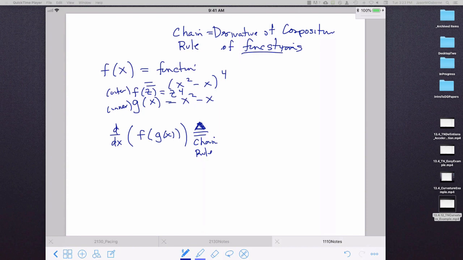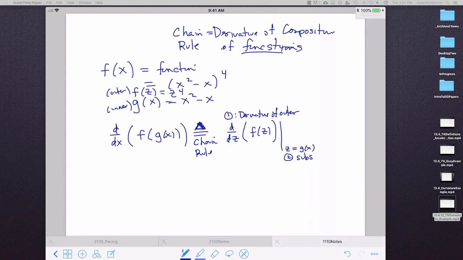What you do is step 1. First, you take the derivative with respect to z of the function f of z. Take the derivative of the outer function. Step 2, after you take that derivative, you evaluate by putting in z is equal to g of x. So this is step 2.